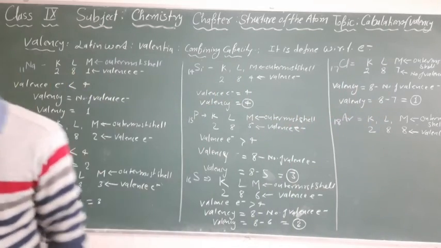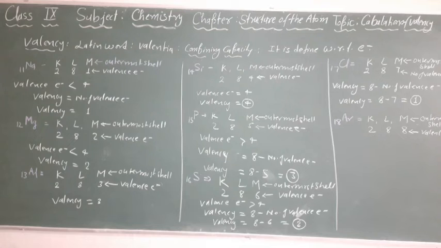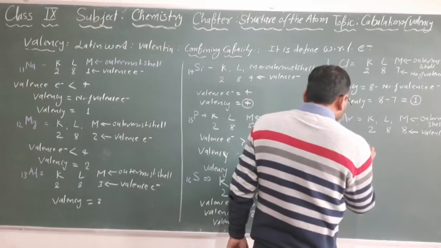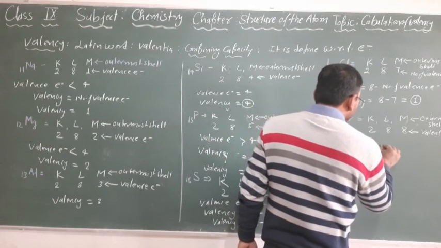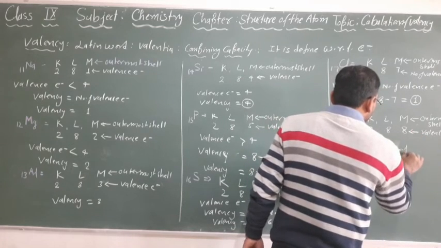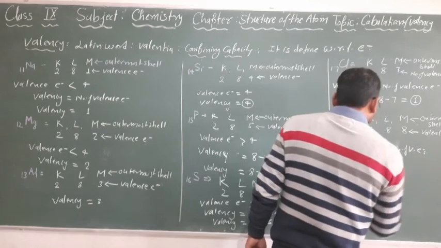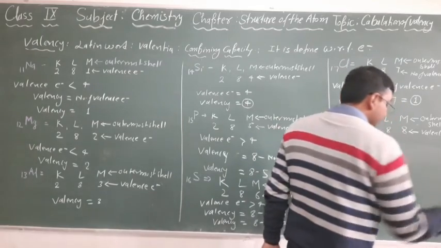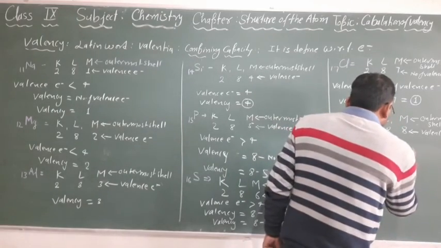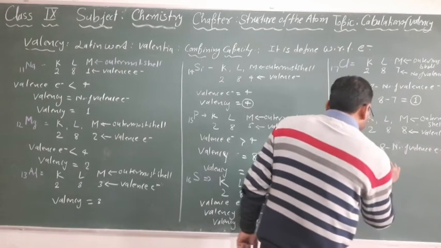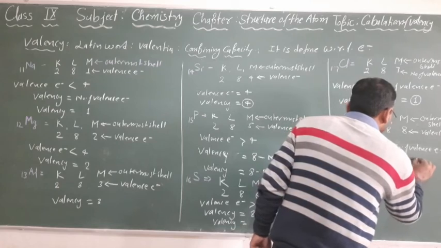Now the valency of argon is equal to 8 minus the number of valence electrons, so 8 minus 8 will equal 0.